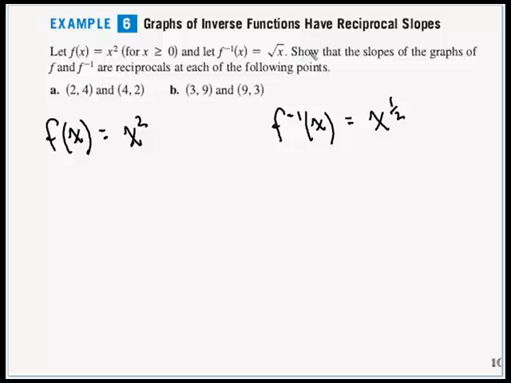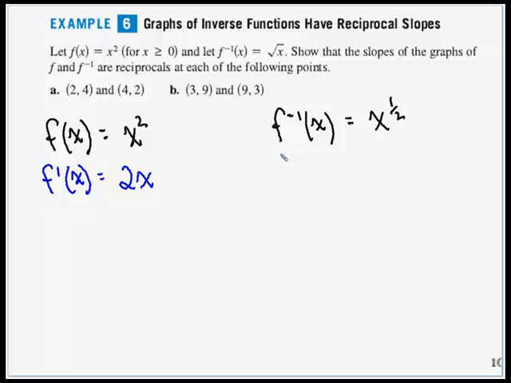And they're asking us to show that the slopes of the graphs of the function and its inverse are reciprocals at the following points. So here's the point (2, 4), and its mirror (4, 2). And then we have (3, 9), and (9, 3). So before we do anything, I'll switch over to blue here, and we'll take the derivatives. This will be f prime of x. So the derivative of x squared is just 2x.